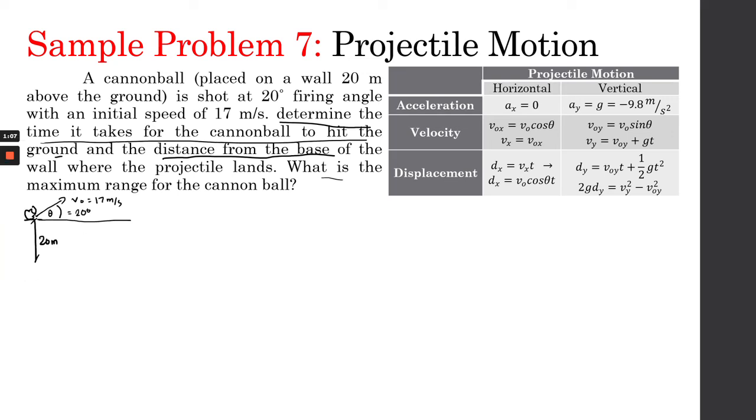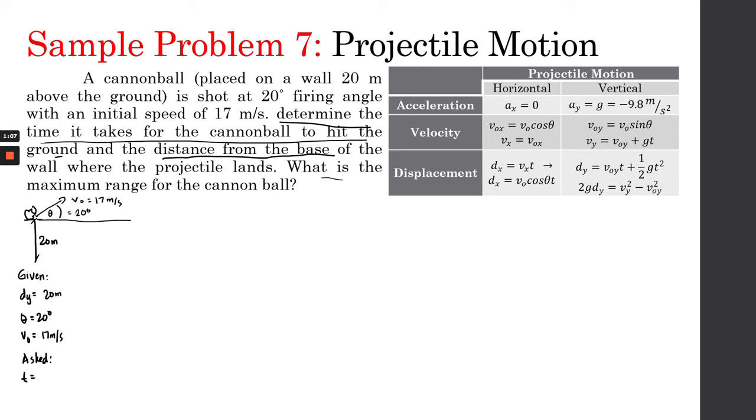Okay, so let's write our given. We were given dy equals 20 meters. The cannonball is above the ground by 20 meters, the firing angle is 20 degrees, and the initial velocity is 17 meters per second. What are they asking us? They're basically asking us three questions.